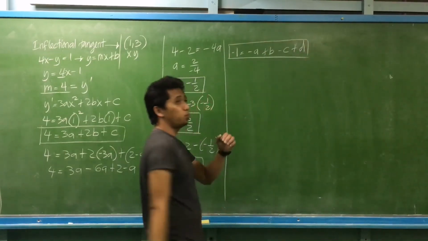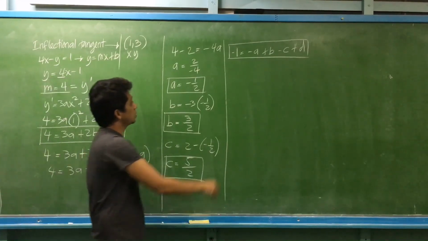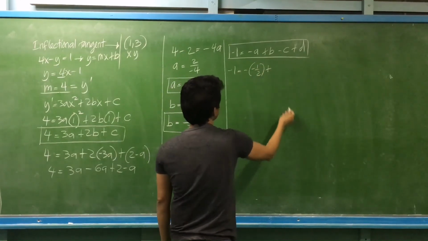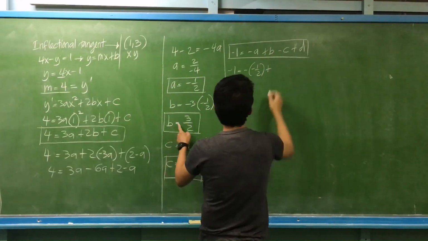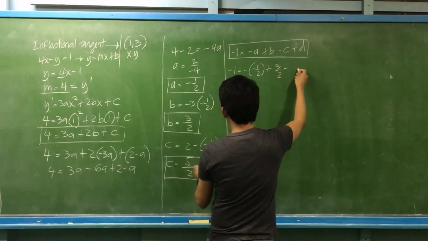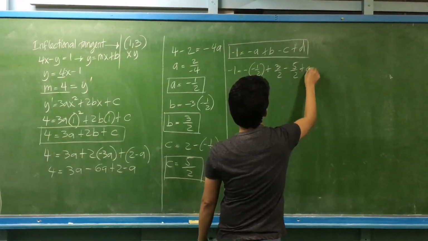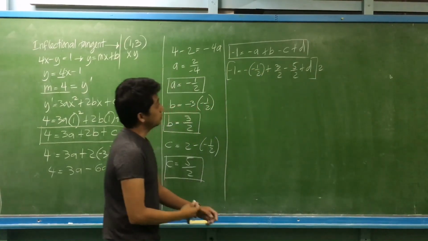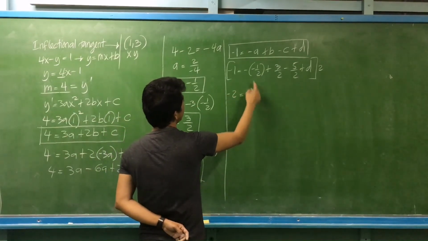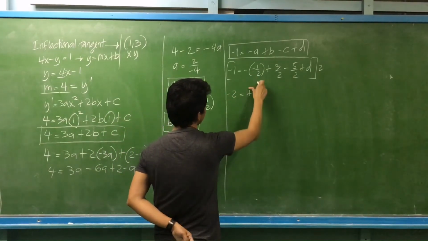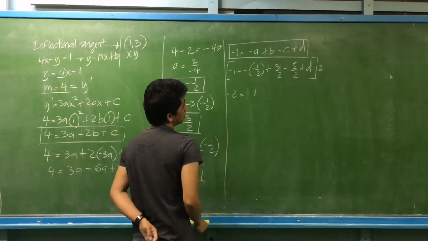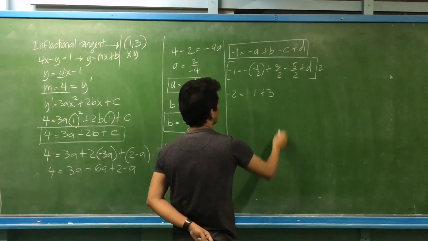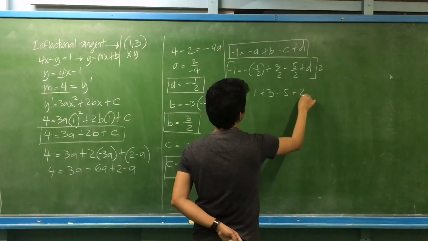Substituting negative 1: negative 1 equal to negative 1 half plus, the value of b is 3 over 2, minus the value of c is 5 over 2, plus D. To simplify, multiply all terms by 2. So this is negative 2, plus 1, then plus 3, then minus 5 plus 2D.